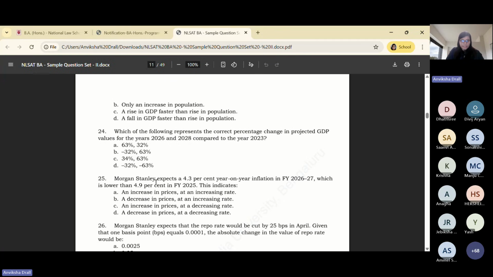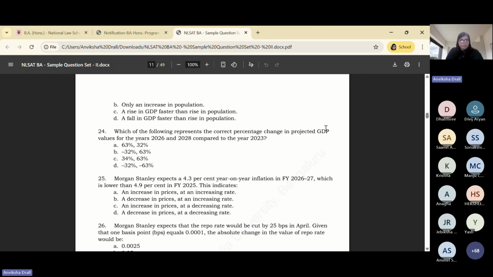So this indicates you have to interpret and understand the information that is given to you in the question. For 25 it is 4.9, and it is going down to 4.3 in the financial year 2026.